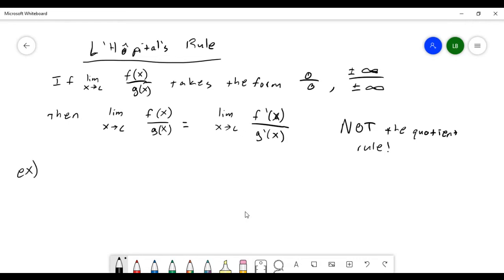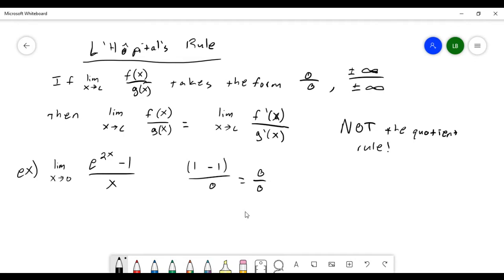So let's say you had the limit as x goes to 0 of e to the 2x minus 1 divided by x. Well, if we plug in x is equal to 0, then you would get 1 minus 1 over 0, which is 0 over 0. And this is one of our indeterminate forms.